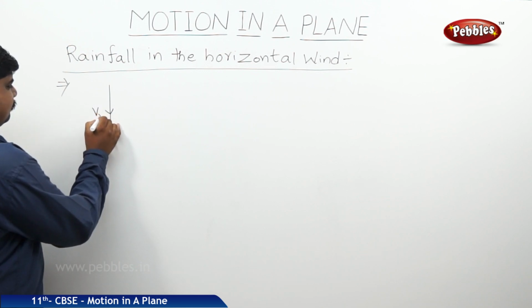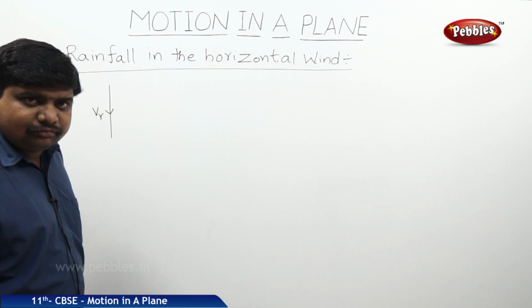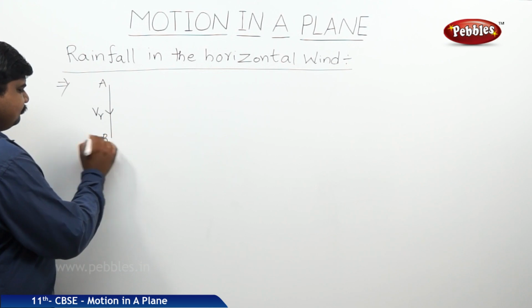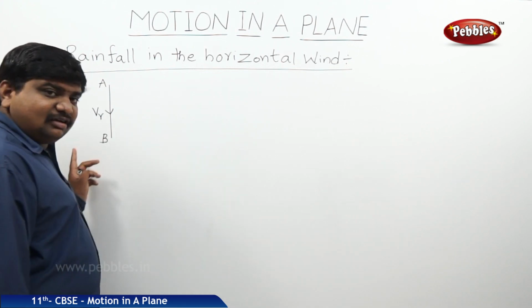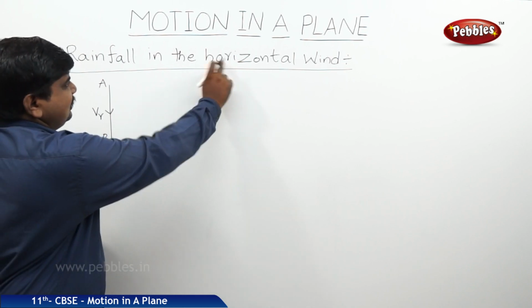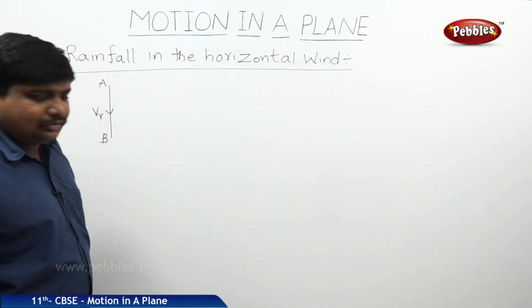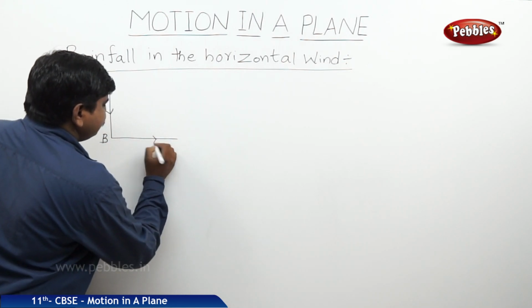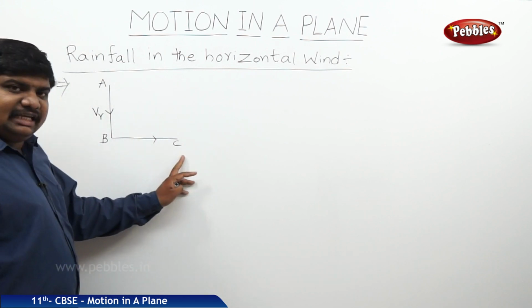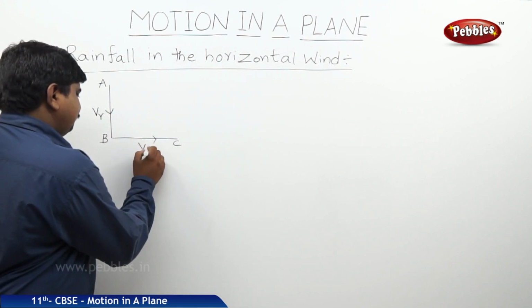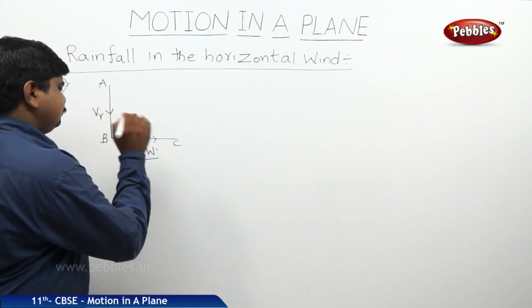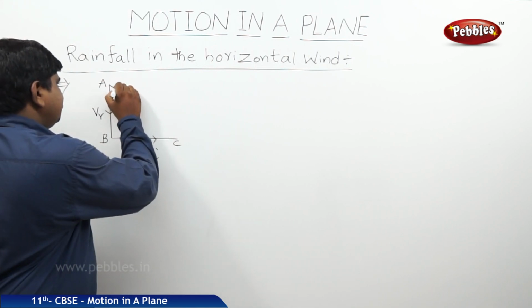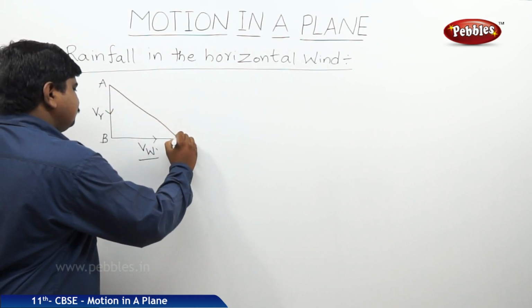According to the vector components we can write this as Vr. It has started at a point A and ends at a point B. But the direction of wind is like this. That's why the title is horizontal wind, not the vertical wind. So the wind direction is horizontal in the direction of C. This B to C is the direction of wind, so we can write Vw. Then what is the resultant velocity? Resultant velocity is always the one which connects from A to C.